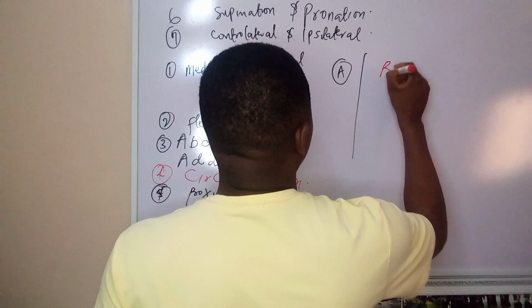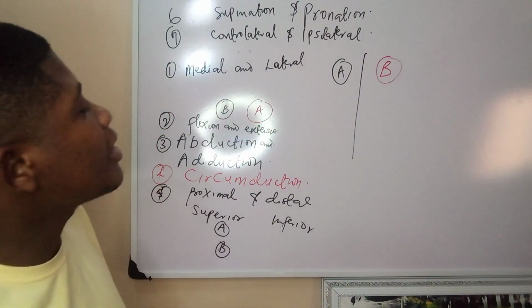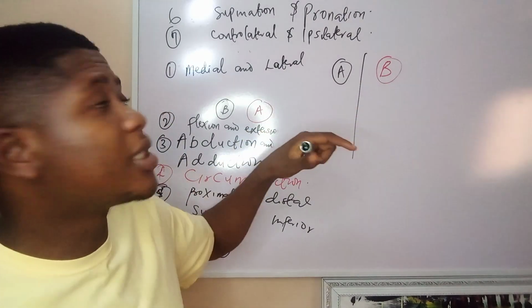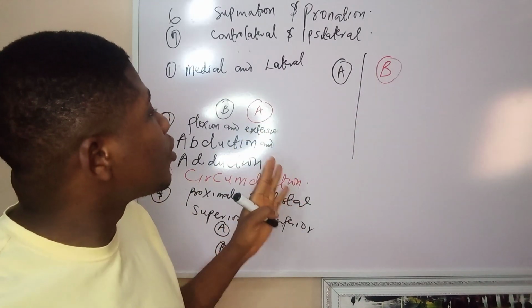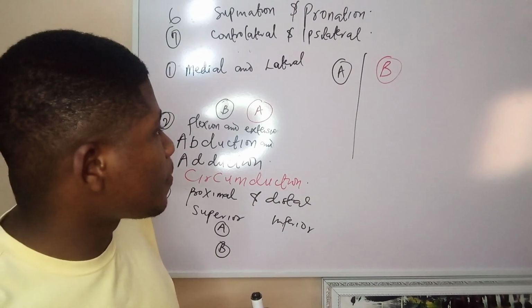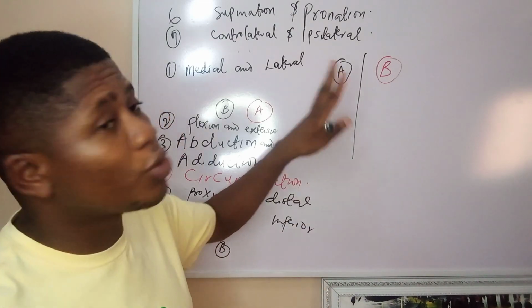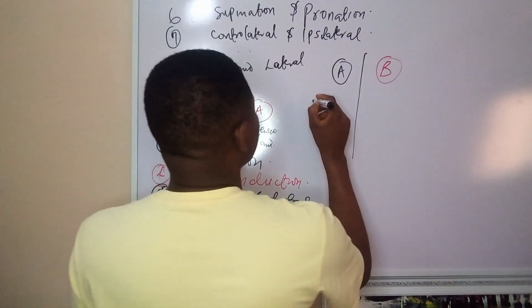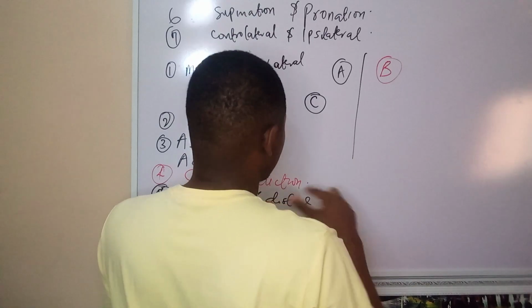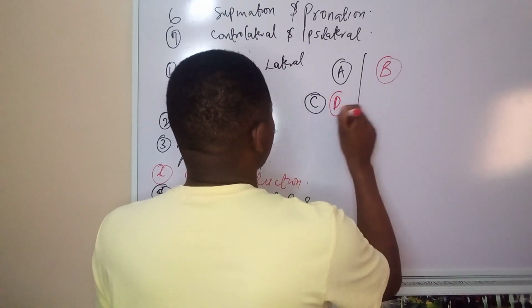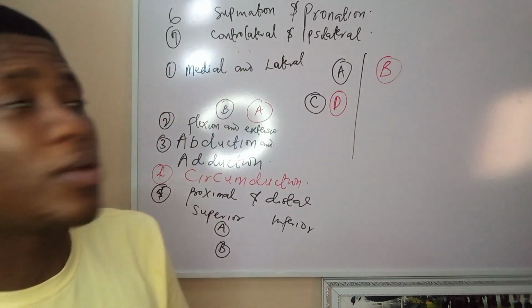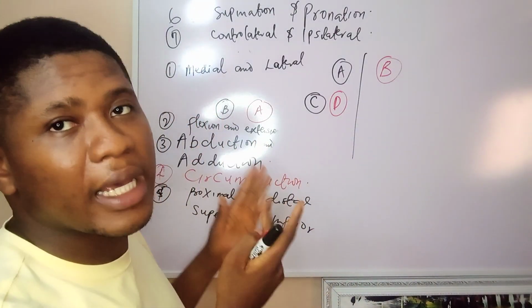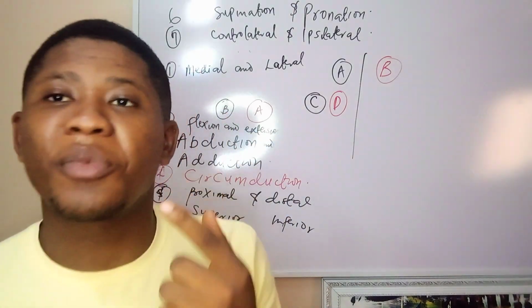Sorry, that means opposite side of the midline. But for example, let's say C and D are on the same side of the midline, that is ipsilateral.